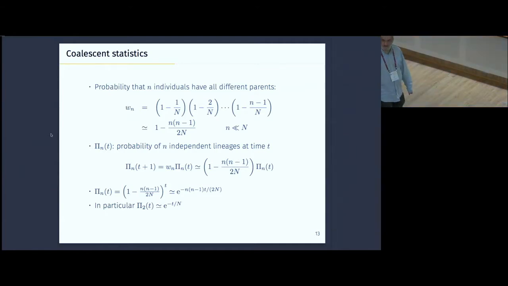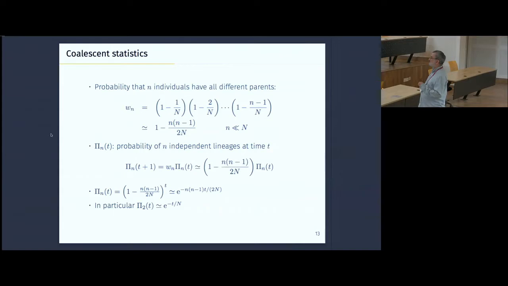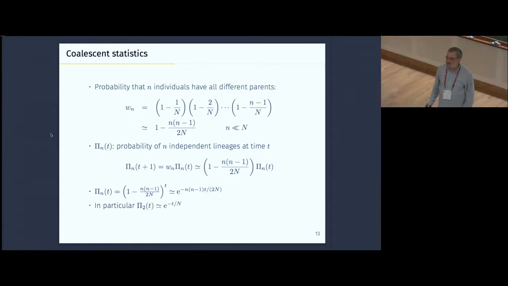Now we ask this question. Imagine that we have n individuals, we go back t generations, and we ask, are the ancestors of these individuals all different? Call the probability that this happens pi n of t.